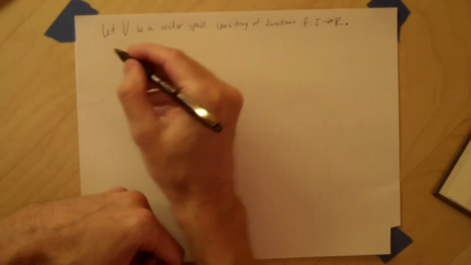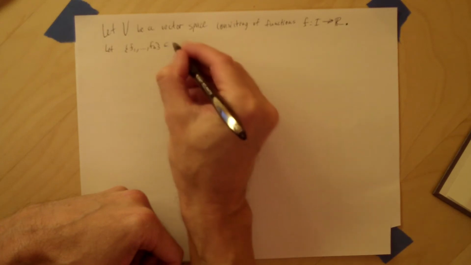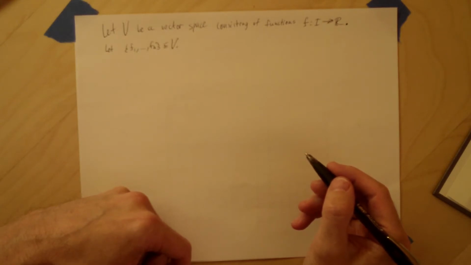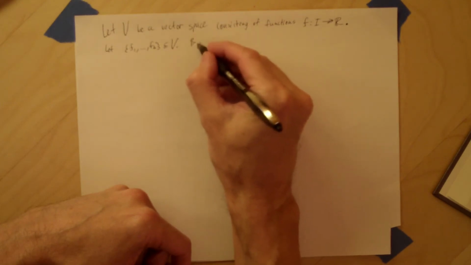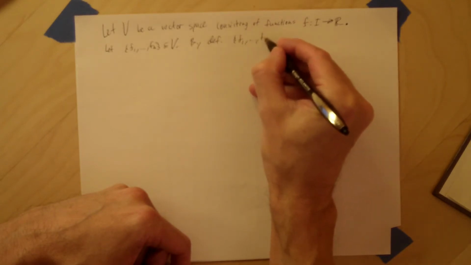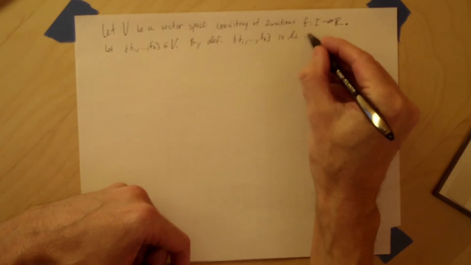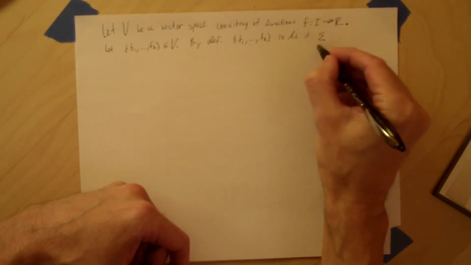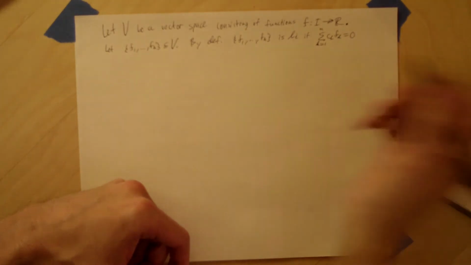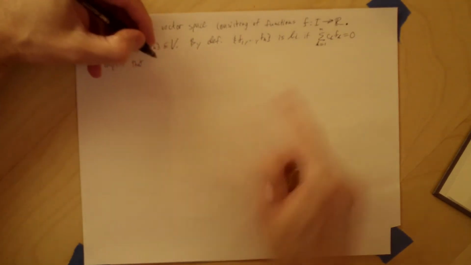Well, let F1 through Fn be a subset of V. By definition, this set, F1 to Fn, is linearly independent if the sum k equals 1 to n of ck fk equals 0 implies necessarily that all the ck's are 0.